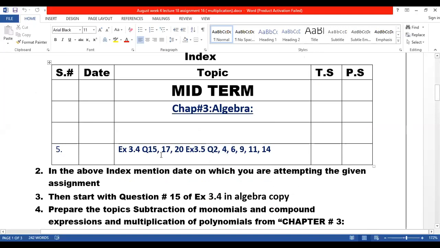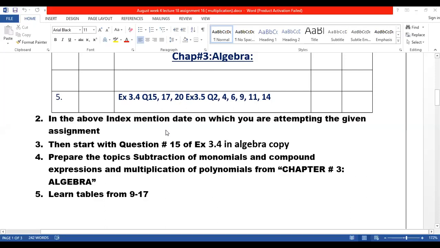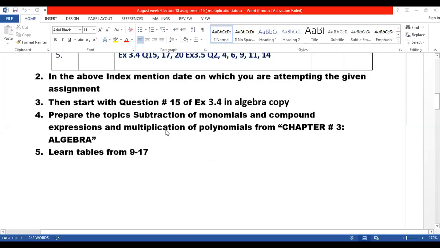You have to attempt these questions from exercise 3.4 and these questions from 3.5. Don't attempt the wrong question. Otherwise, I will not give you the mark for that one. Even if the solution is correct, I will not be able to give you the marks.